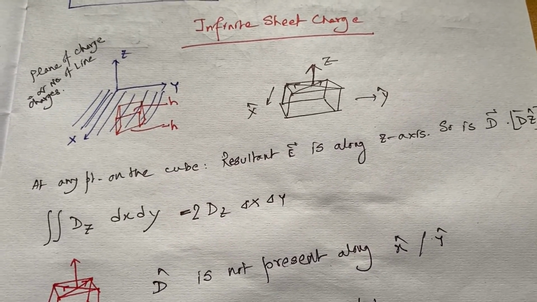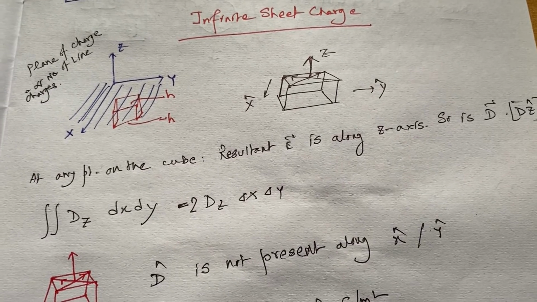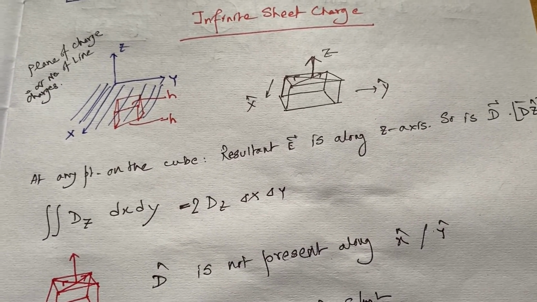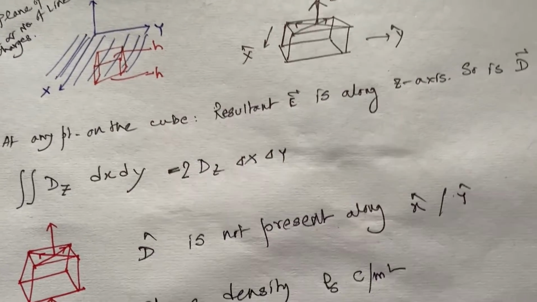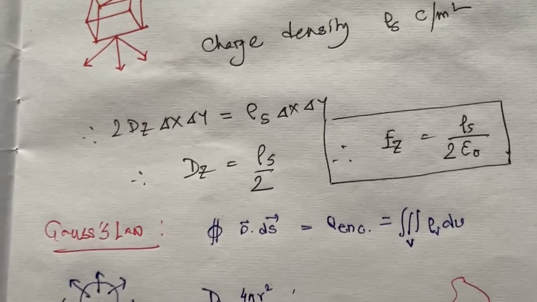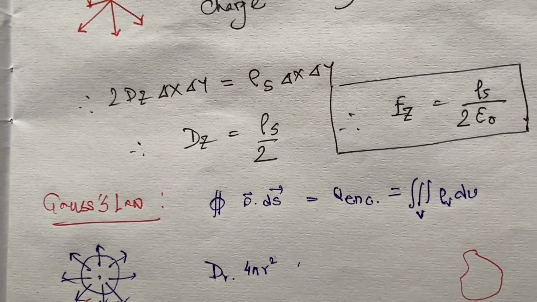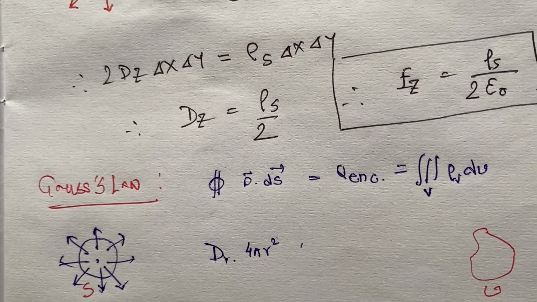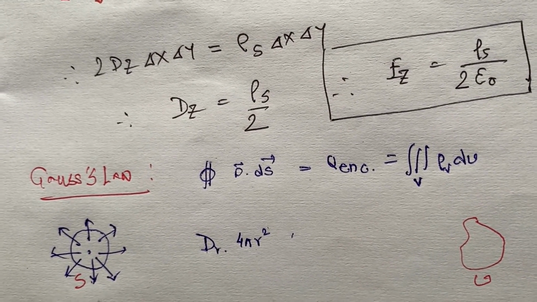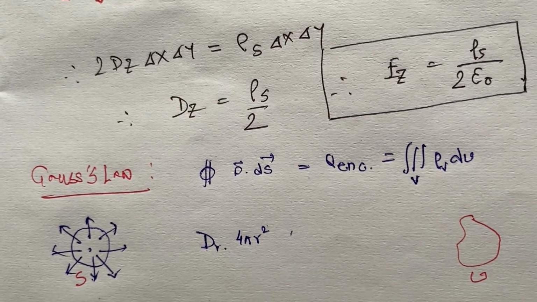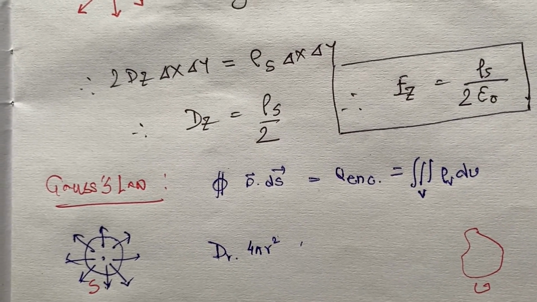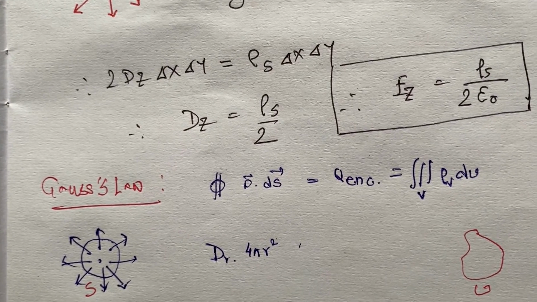So that was the basic motivation of discussing infinite line charge and infinite sheet of charge in application of Gauss's law. Now we can apply Coulomb's law also, because if we have some charge enclosed over here and we apply Coulomb's law, that is also okay, but then the calculation will be a little bit tedious. So in order to make our life simpler, we switched over to Gauss's law instead of Coulomb's law.